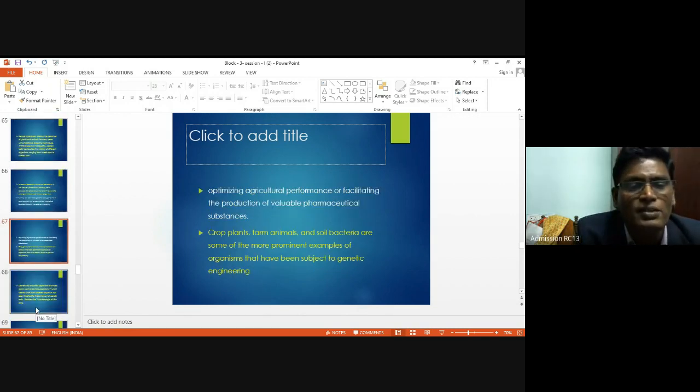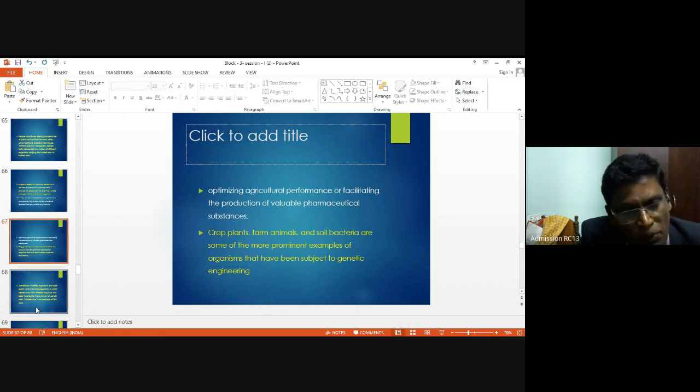This optimizes agricultural performance and facilitates the production of valuable pharmaceutical substances. Even valuable pharmaceutical substances can be obtained through this technique. Crop plants, farm animals and soil bacteria are some of the most prominent examples of organisms that are subject to genetic engineering. Suppose there is a crop in which we require more quantity in a small area. When genetic modification genes are introduced in the crop, the crop yield can be enhanced because of genetic modification.